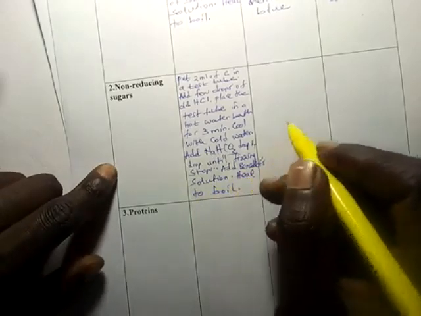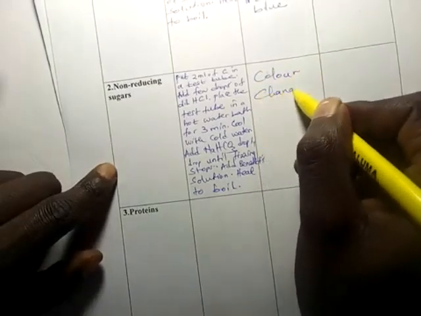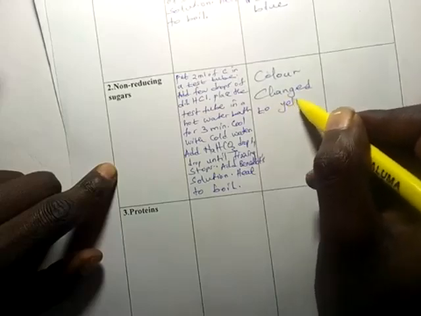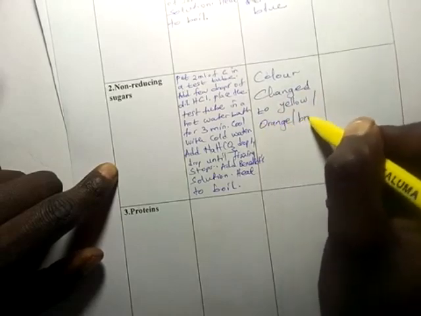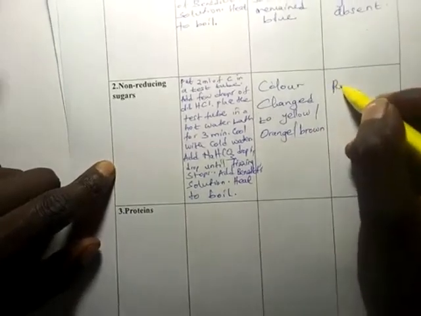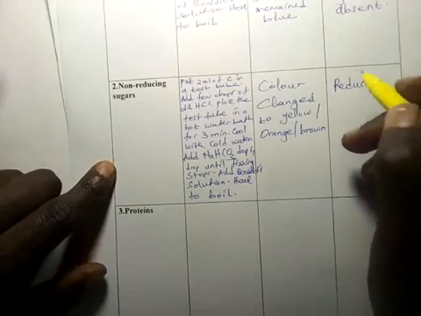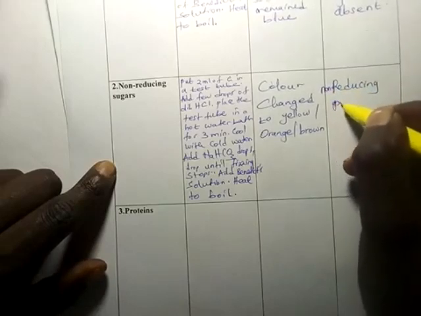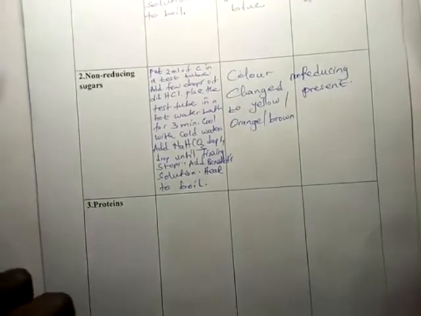Now here the color changed to yellow, or orange, or brown. That is the color you expected. Now conclusion, the non-reducing sugars present, and reducing sugars present.